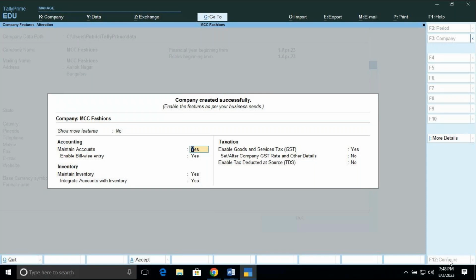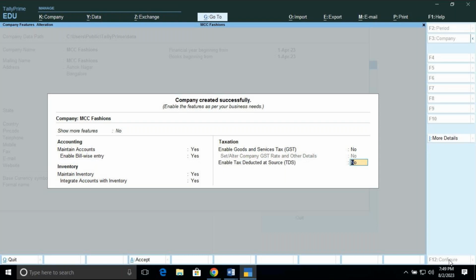Then I will show you a presentation on GST, what is intrastate, what is CGST, all those things. After seeing the presentation, you will be in a better position to do transactions on GST. So as of now, I'll say no. Why do I say no? If I say yes, it will ask for more input. So it will be a little bit confusing for you. Don't want all those things. So let it be simple.